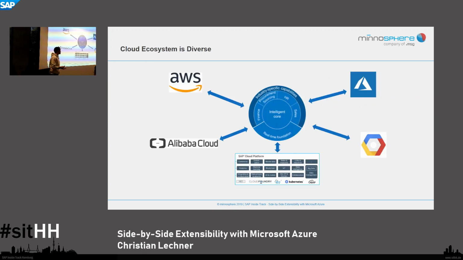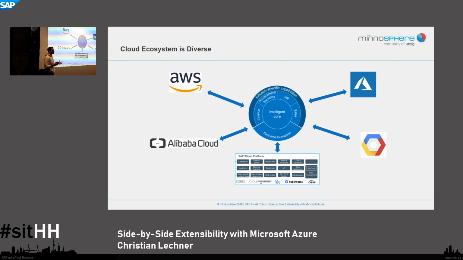Yep. I mean, there was a little spoiler in the title, I guess. The cloud ecosystem is completely diverse. You have all those vendors, the big ones, AWS, Azure, Google, Ali Cloud, which was quite heavily stressed in the keynote in Bangalore. And you have the SAP Cloud Platform.